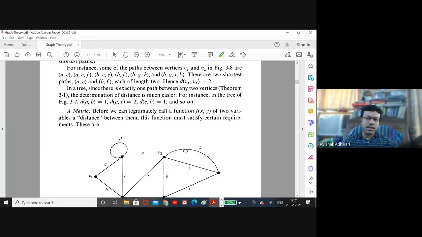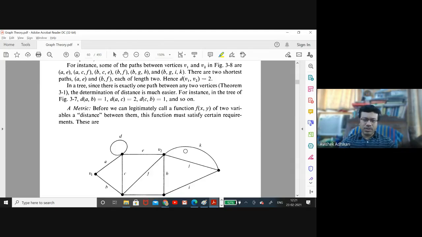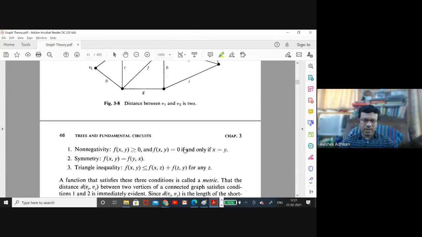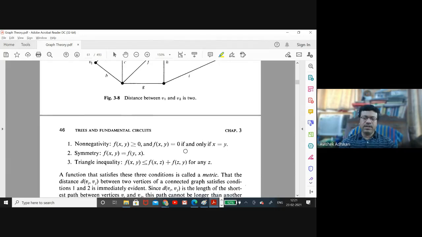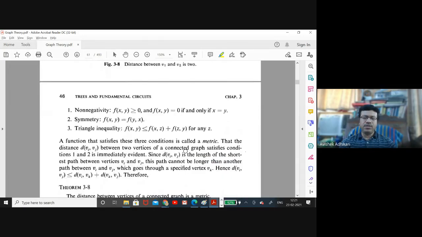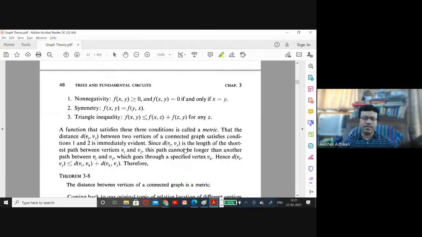In our normal definition of metric, if you define the distance between these two, then that will certainly satisfy all the properties of the metric that we usually deal with in functional analysis or many other places. So here also the metric concept is satisfied if we define the function in that way.